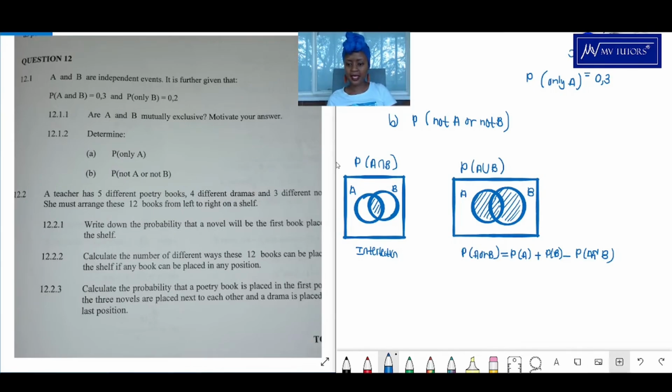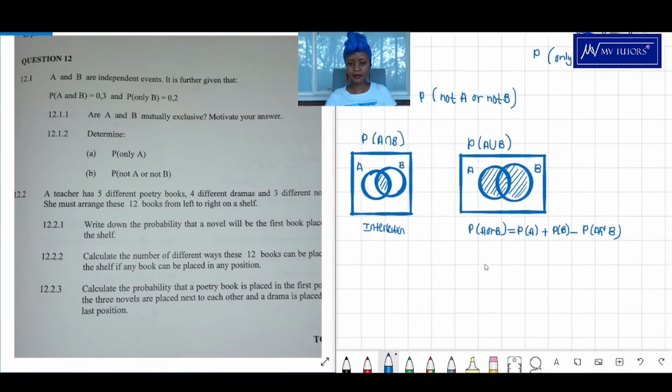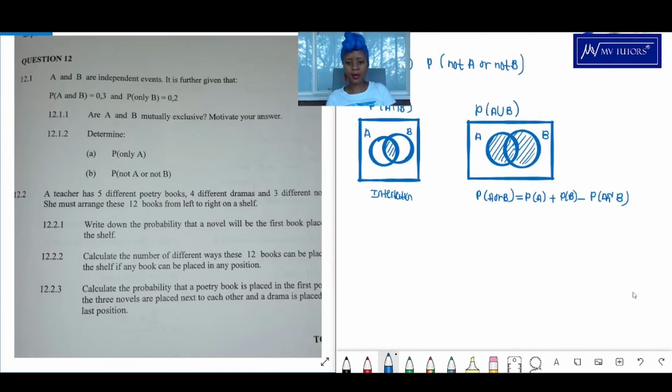So now another scenario. What if they said the probability of not A? Not A is the same as just saying probability of A, indicated with that apostrophe, sorry.